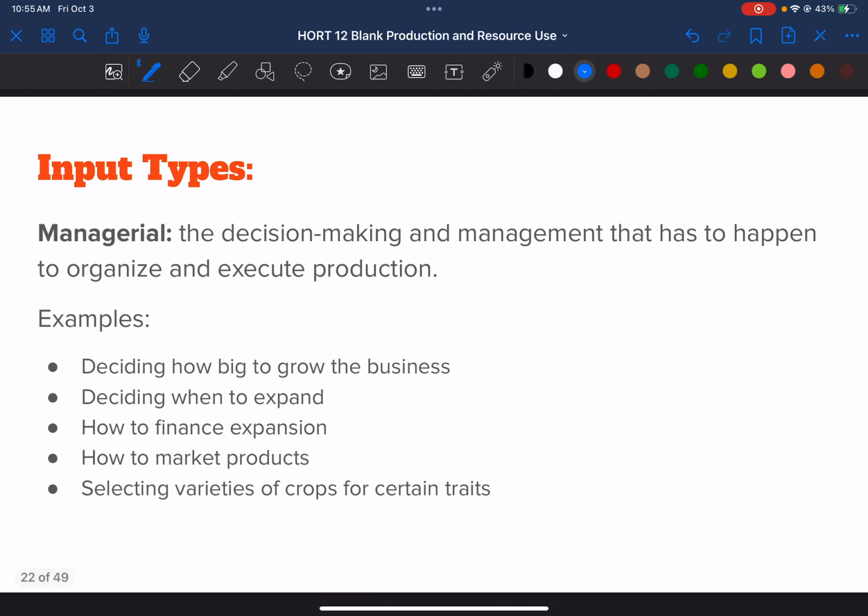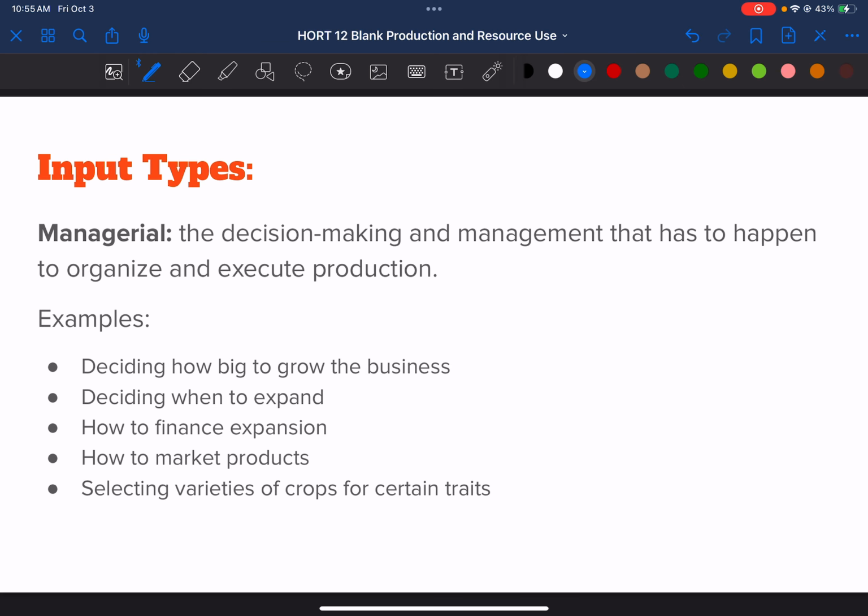And the last one is managerial input. This is maybe the hardest one to wrap your head around because it's not a physical thing. It's the decision making that has to happen in order to organize and execute production.